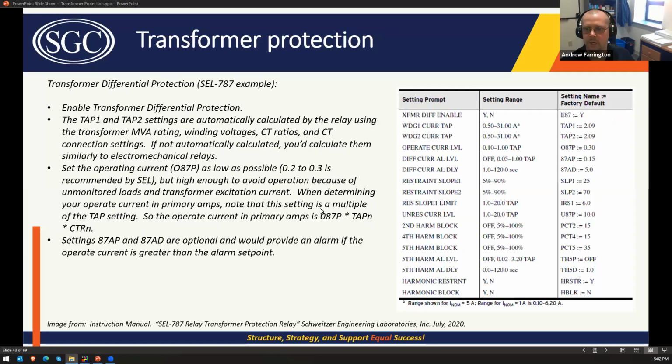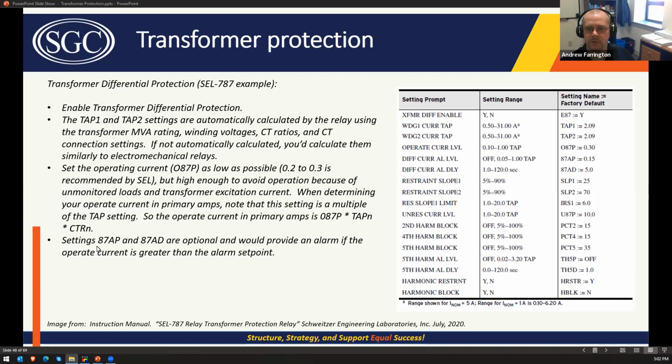Or if you're going to calculate it on the low side, what it is in primary or secondary amps, you would multiply by tap 2. So that's important to note. Most of the settings that you guys have dealt with, I'm sure, are set in amps secondary. This isn't an amp secondary setting. It's multiplied by the tap. And that's how you get your secondary amps or primary amps.